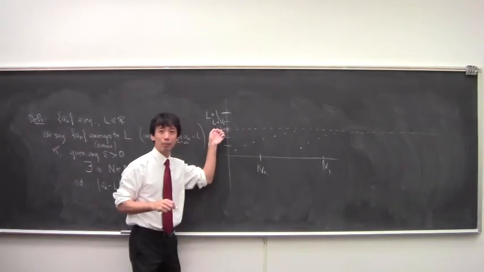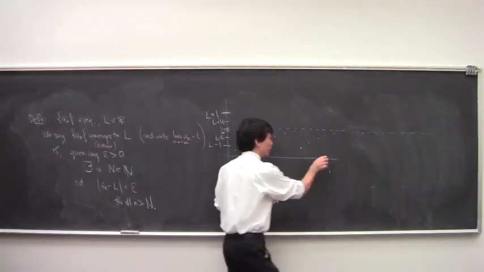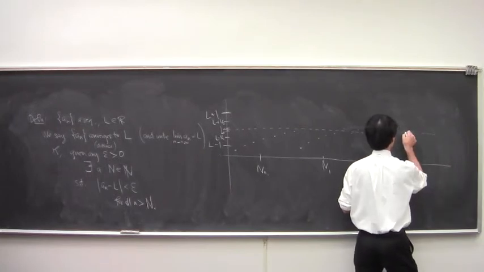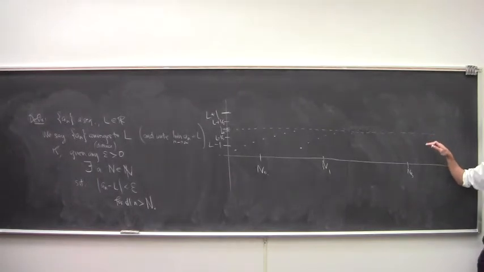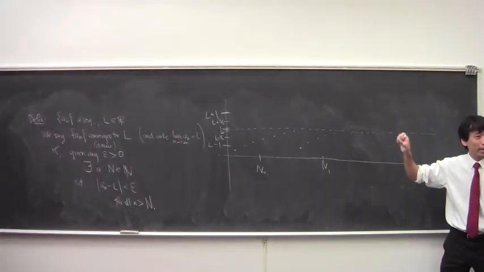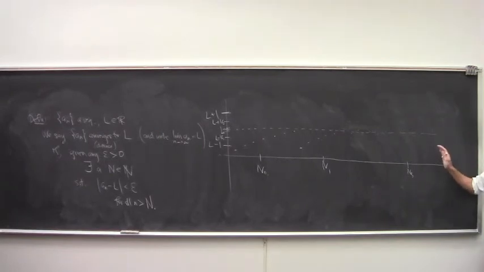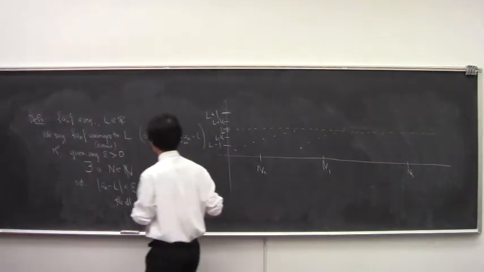You'd say, well, that's harder, but here it is. Past this time, all my points satisfy that tolerance. No matter what tolerance I give you, there's a time past which that tolerance is satisfied.